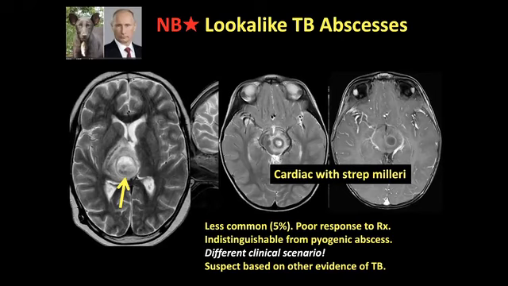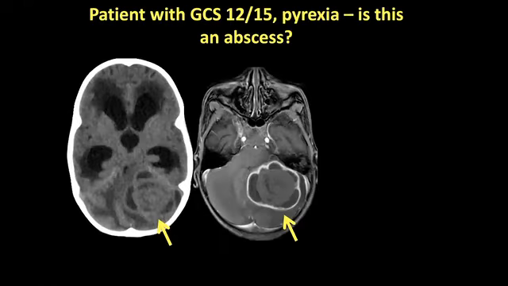Important, and I'm going to go on to this now, is the T2 signal, which is both of intermediate and low signal intensity here and of high signal. So this is, although it was a TB abscess when we followed it up, at the beginning, we wondered whether this was this condition.